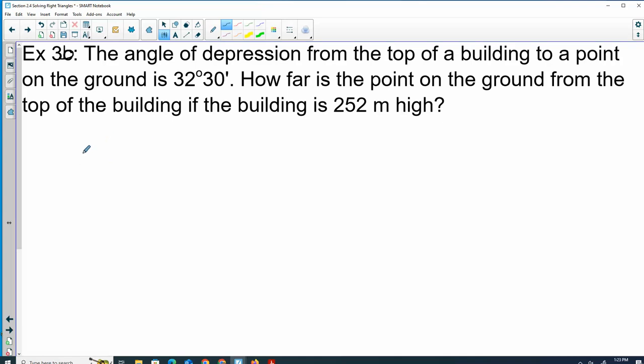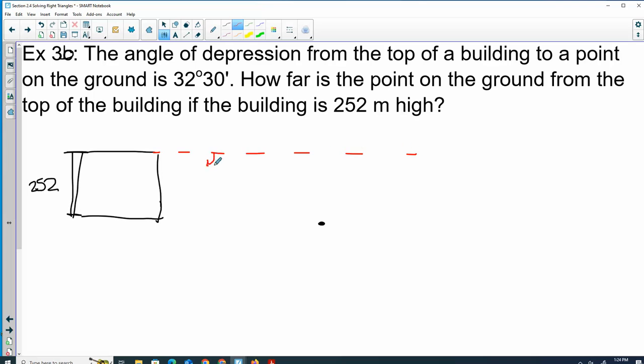So I have some building, and I know the height of this building is 252 meters. And we have some point on the ground. If I'm talking about the angle of depression from the top, we have to have a horizontal line at the top and go down from there.